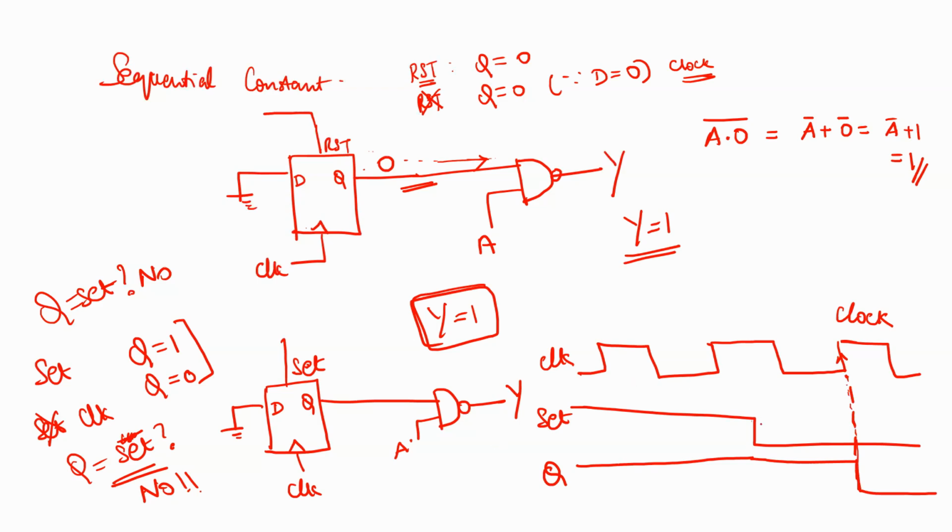So there is a clock cycle delay here. Q goes 1 asynchronously, but Q goes 0 synchronously with respect to the clock. So I cannot simply say Q is equal to set, because while set is going 1, Q instantaneously goes, whereas when set is going to 0, Q is waiting for the clock. So I cannot say Q is equal to set.